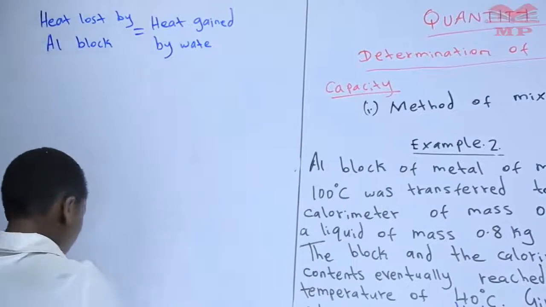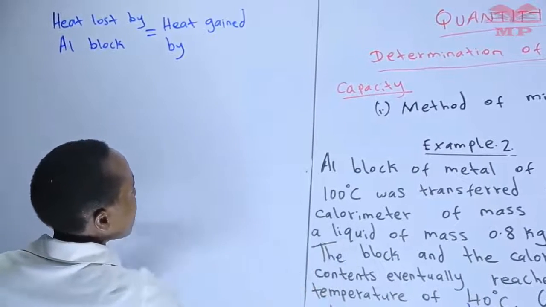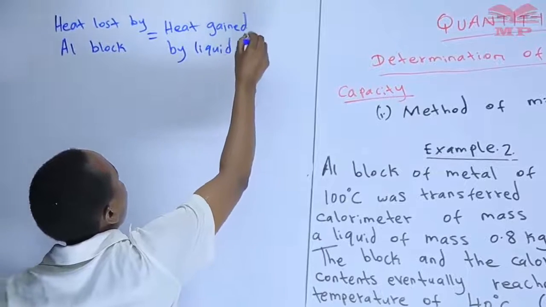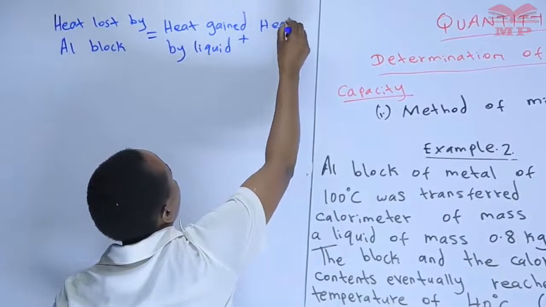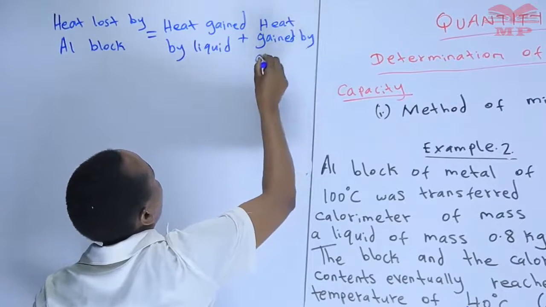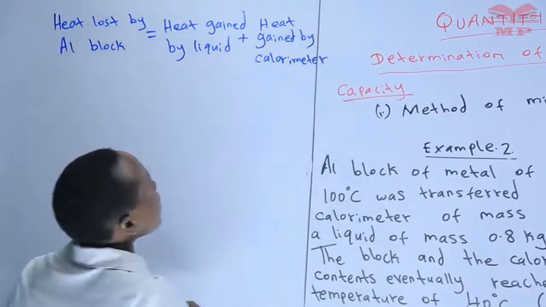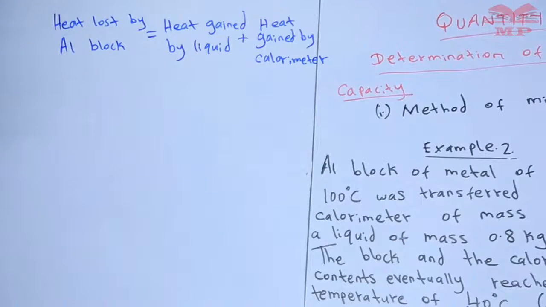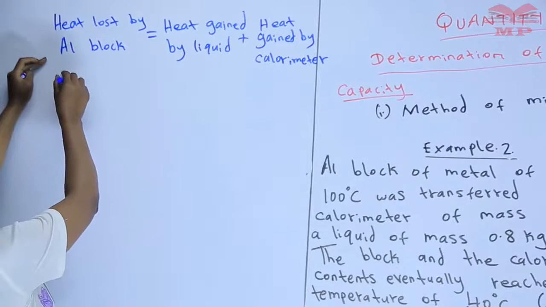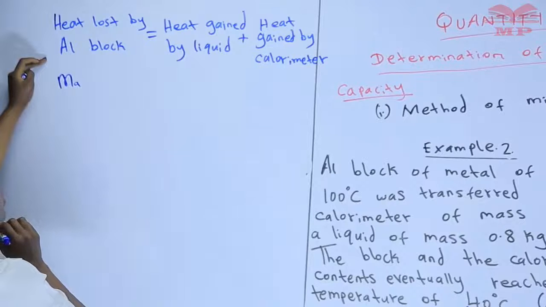Sorry, not water. We are used to water. In our case here, it's not water, it is the liquid, sorry. Heat gained by the liquid plus heat gained by the calorimeter. So in this, heat lost by the aluminium block will be given by mass of the aluminium. We can use just a small letter A for that.